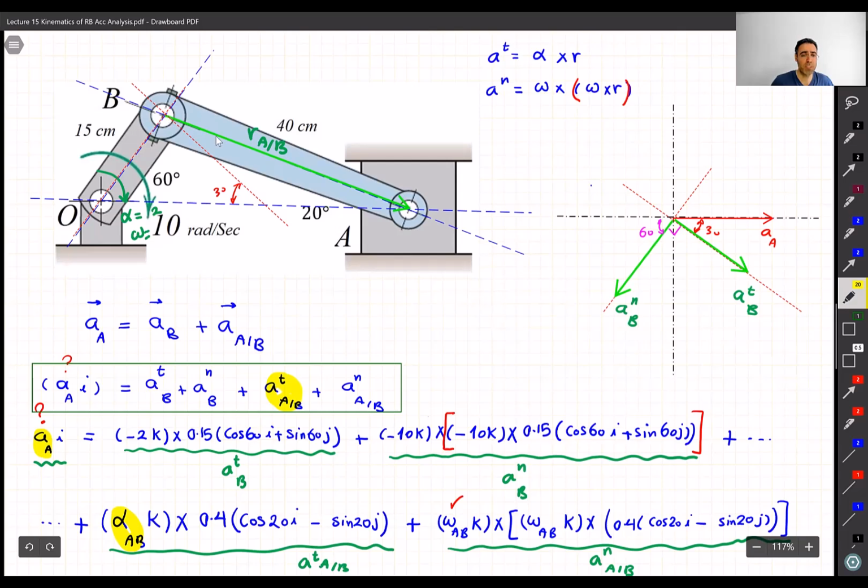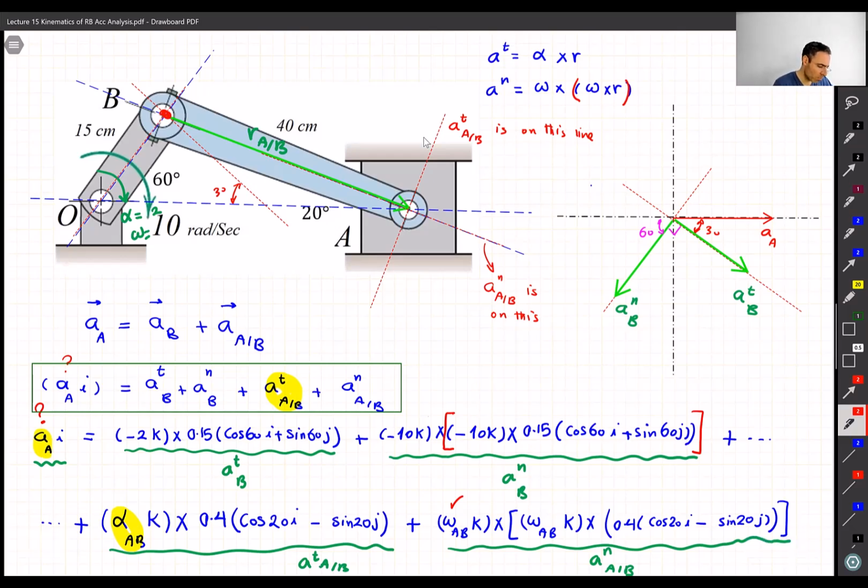When we fix point B. And therefore, it has to have a tangent acceleration on this line and a normal acceleration on this line, right? Why? Because now we fix point B. Remember, we're talking about A with respect to B. So we know that AN of A with respect to B is on this line, and AT of A with respect to B is on this line.